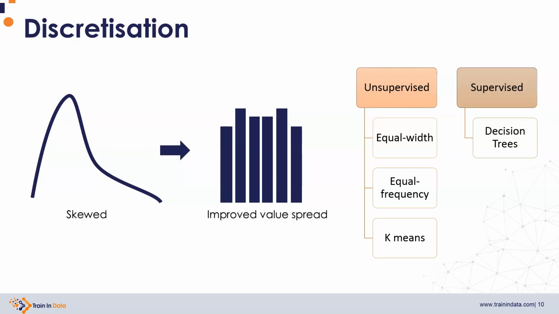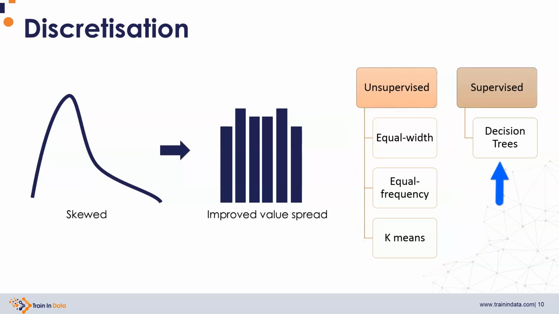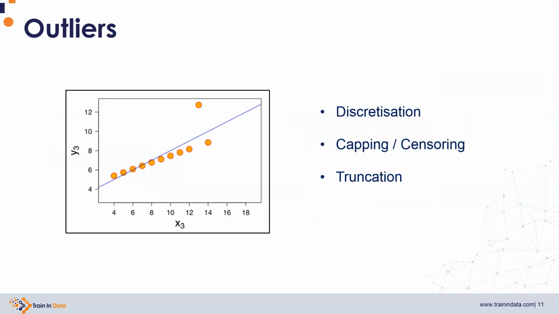And there are also a variety of discretization techniques like equal width or equal frequency, or clustering, or replacing the values by the predictions of a decision tree. If we want to remove outliers, we can either perform discretization, which will allocate the outliers to the end intervals of the distribution, or we can censor the outliers, or we can straight away remove them from the dataset.